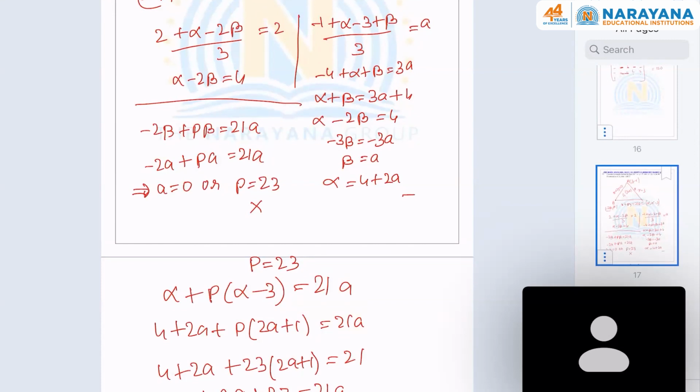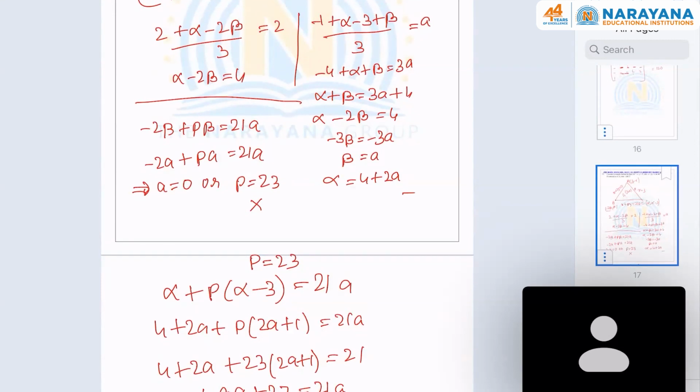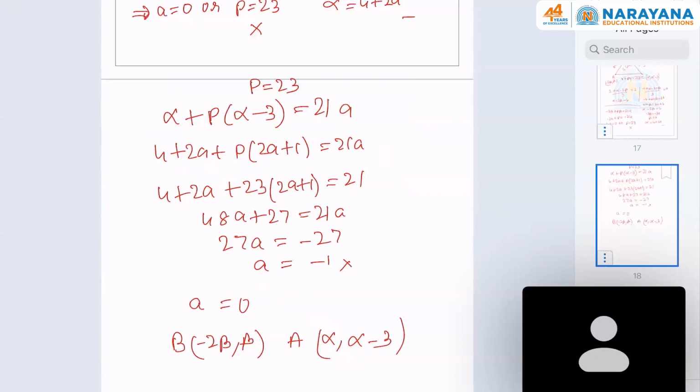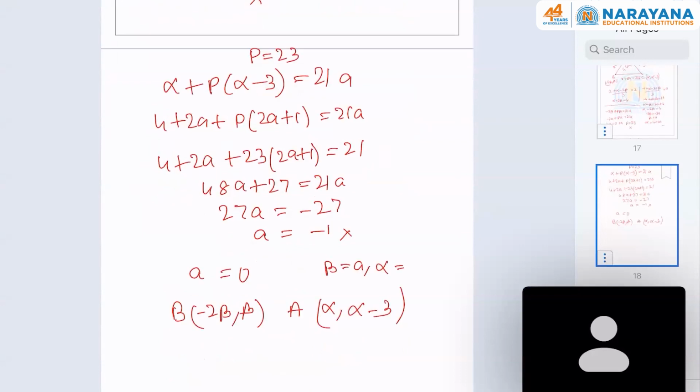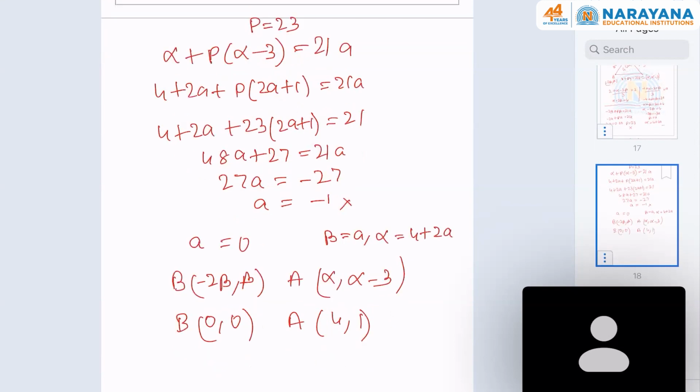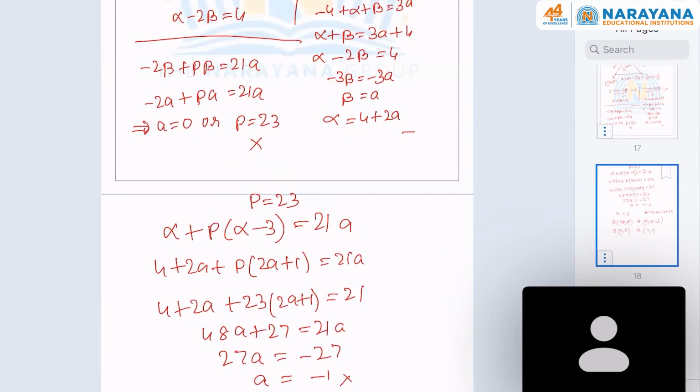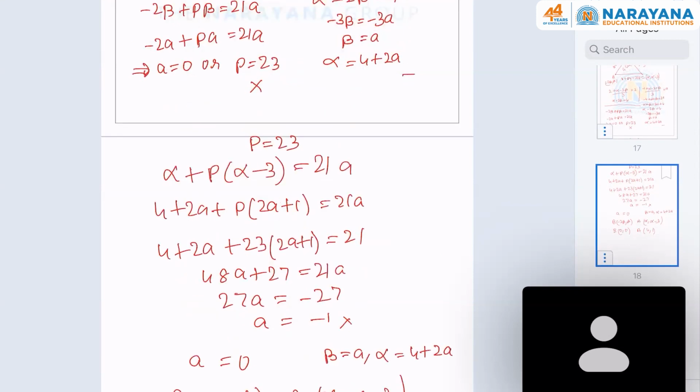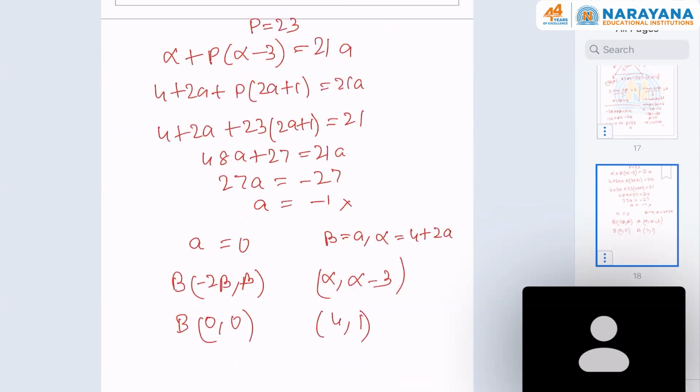Here they're asking the length of the side BC. So BC is equal to root 70. Length of the side BC square is equal to 70.